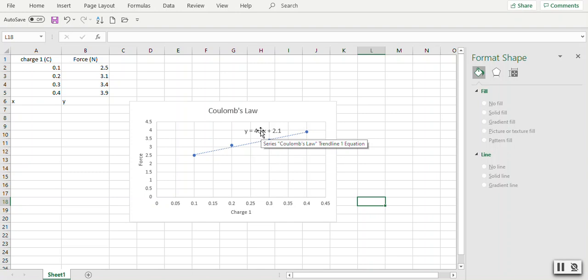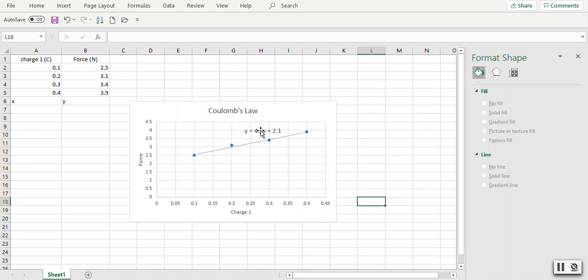In the practice, make sure that you are working with the charge in coulombs and the distance between the charges in meters. So you must make a conversion from centimeters to meters. You have to make a conversion from microcoulombs to coulombs, and then you will have the force in newtons, and you're going to have the Coulomb constant in units of newton meter squared divided by coulomb squared.